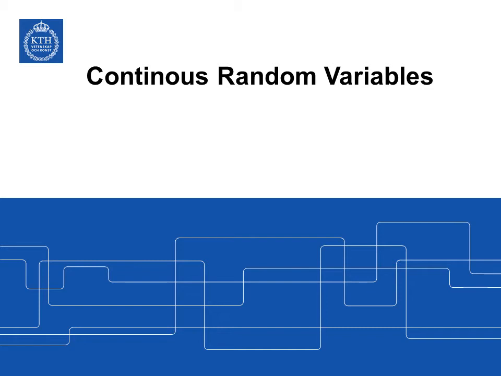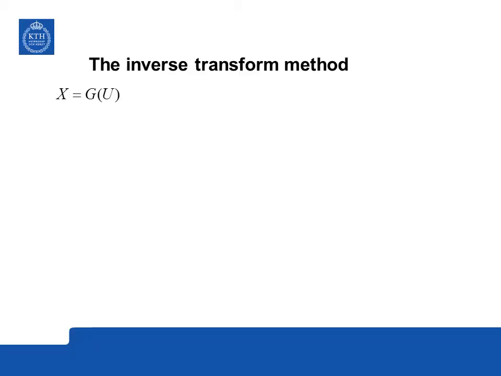So let's finally move on to continuous random variables. And let's start again with the inverse transform method. Now it becomes obvious why it has its name. Assume that we again have a uniform random variable, and we want to design an output variable X with a given distribution.